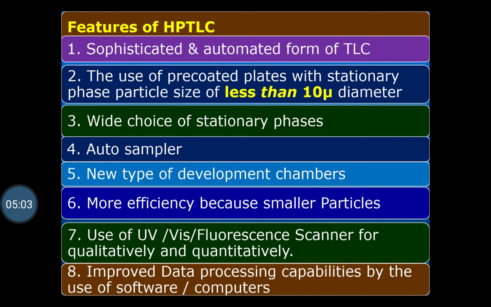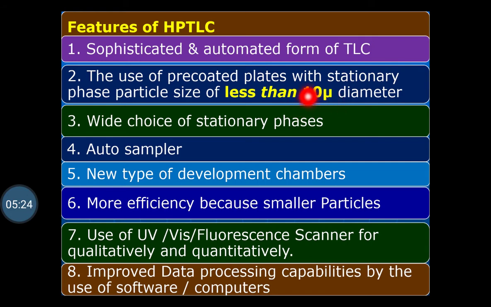So, features of high performance thin layer chromatography: it is a sophisticated and automated form of thin layer chromatography, that is, the modernization of thin layer chromatography. It uses pre-coated plates with stationary phase particle size less than 10 micron in diameter.